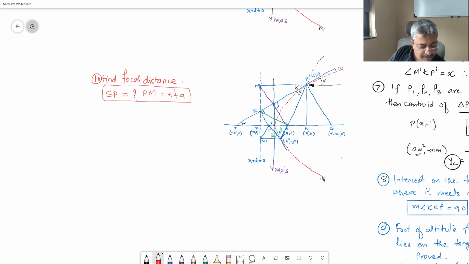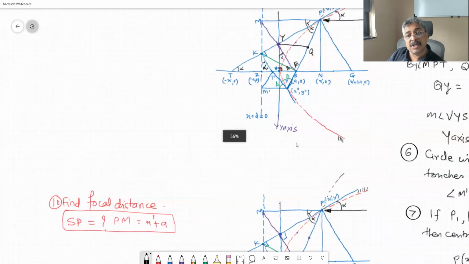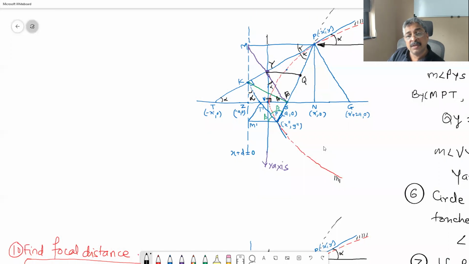Okay. Semilatus rectum, property number 11. Now I take it a little up, property number 11 here, and I make it a little large because I have to use this diagram again.